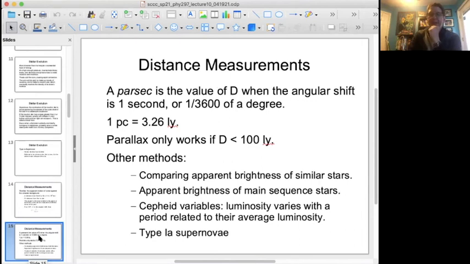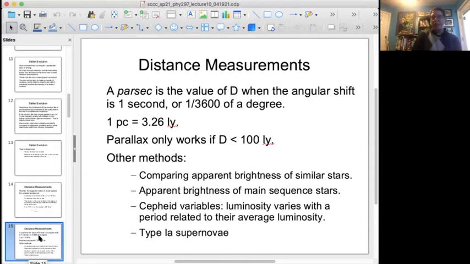A parsec is the value of capital D when the angular shift is 1 arc second, which is 1/3600 of a degree. A degree is broken into 60 arc minutes, and an arc minute is broken into 60 arc seconds. So an angular shift of 1 arc second means 1/3600th of a degree, and that distance corresponds to 3.26 light years.